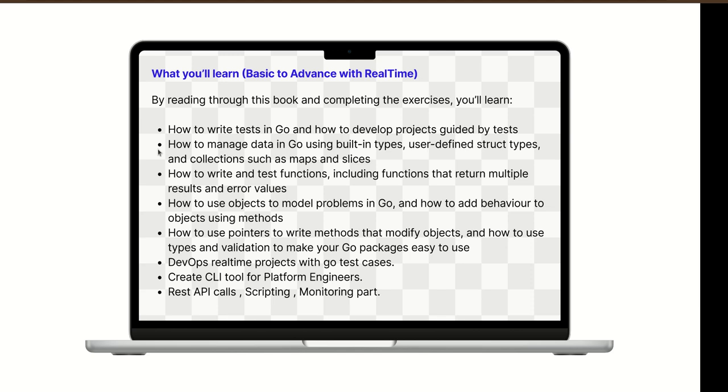And next we will learn DevOps-related real-time projects with Go test cases, and we will write some CLI tools to perform DevOps engineering tasks. We will also learn about REST API calls, scripting, and monitoring as well.